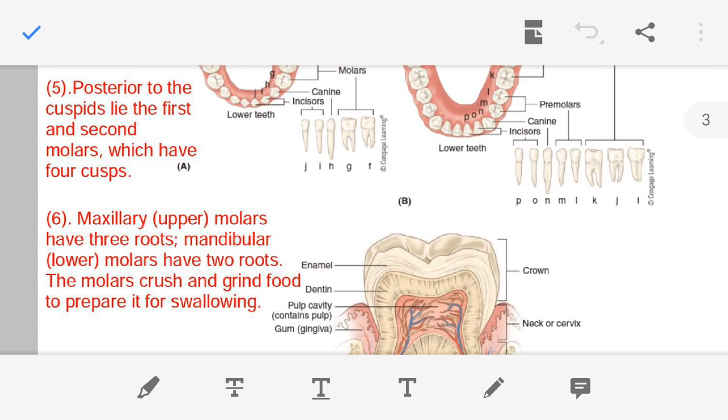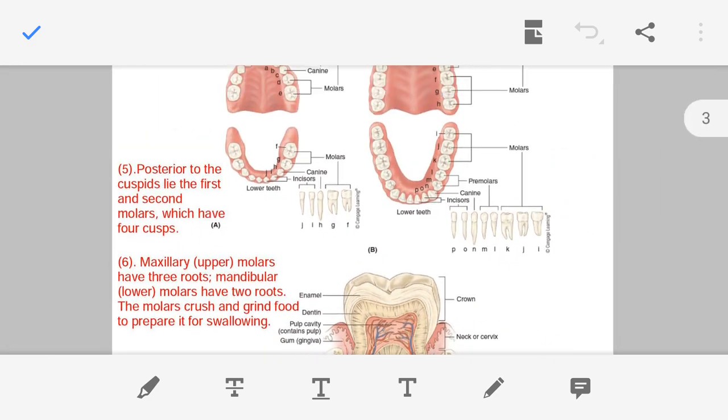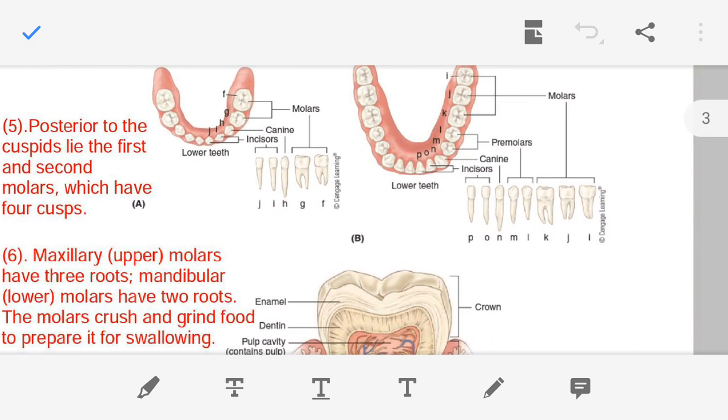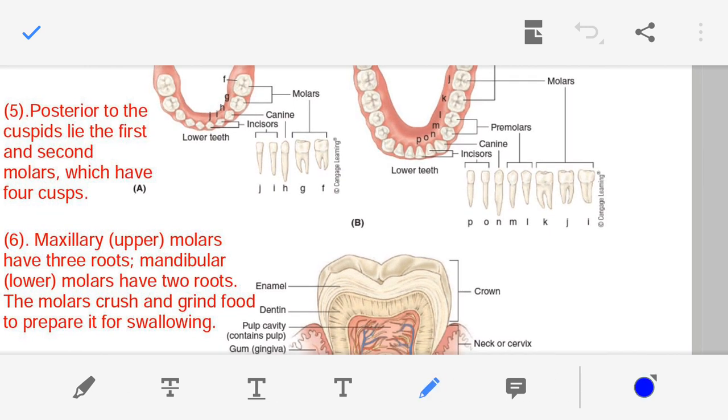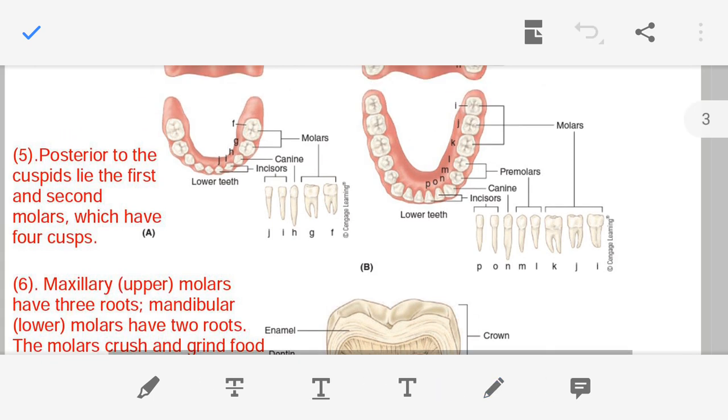Then the sixth point. Maxillary molars, that is the molars of the upper jaw, have 3 roots. Let's check this.